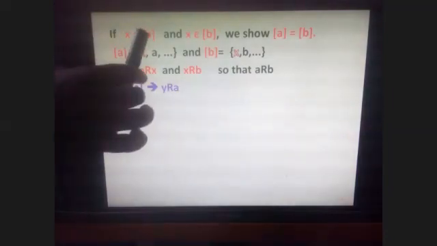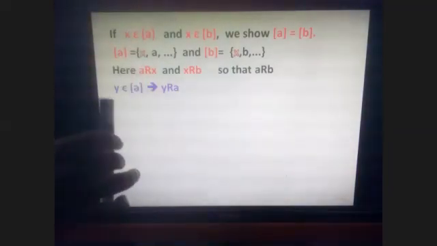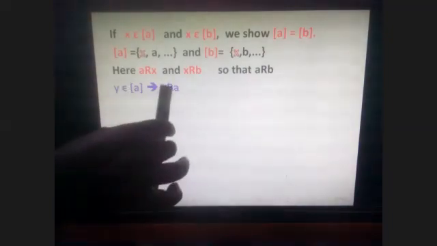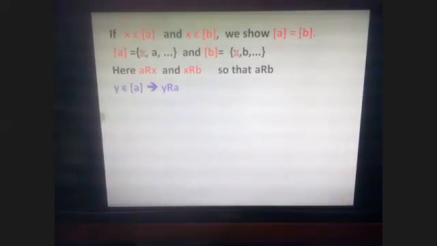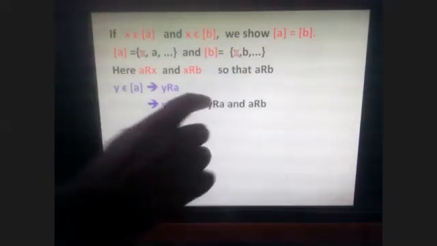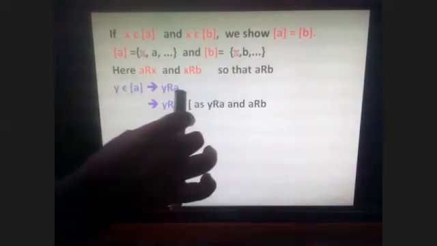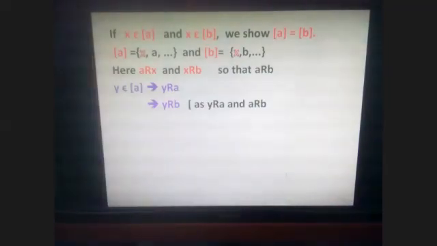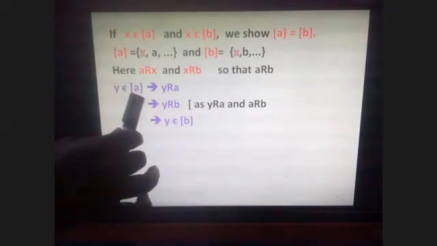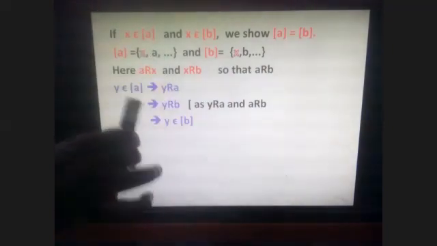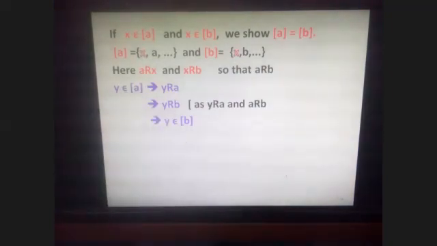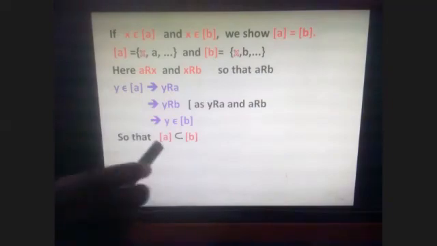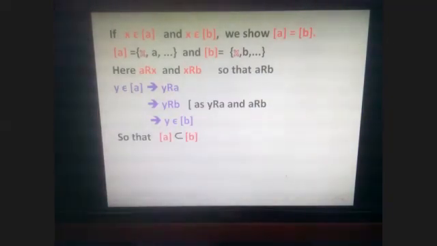When A is related to B, if I take any element of the equivalence class of A, that is Y, then Y will be related to A. But Y related to A and A related to B implies Y is related to B. That means Y is in the equivalence class of B. So any element Y in the equivalence class of A is in the equivalence class of B, that is, the equivalence class of A is a subset of the equivalence class of B. Vice versa, the equivalence class of B is a subset of the equivalence class of A, and they are equal.